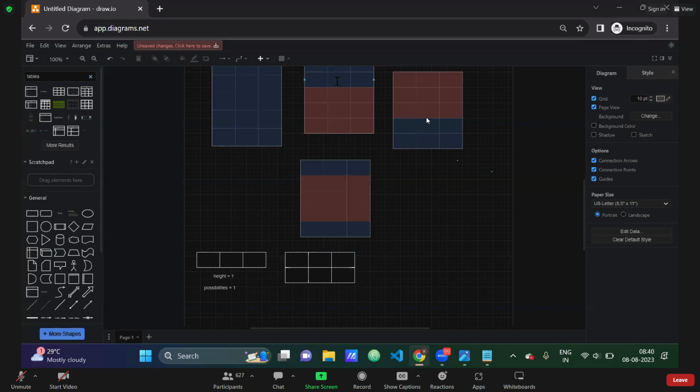For height 2, how many possibilities do you have to place the tile, either horizontally or vertically? Possibilities means filling everything, not each row.